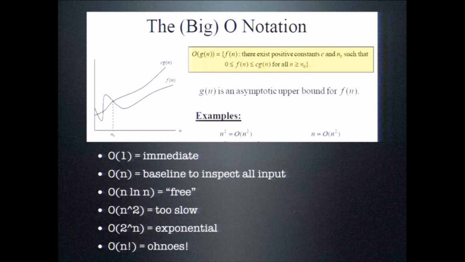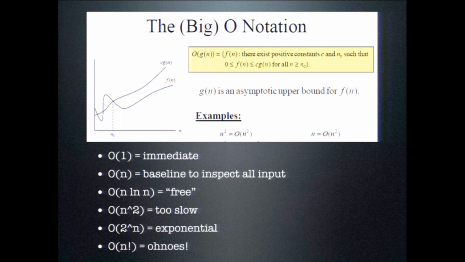But more usefully, let's look at some of the things that you will see. Big O notation is stated as a capital O followed by some function of n. Order of 1 means it just takes one operation, doesn't matter what else you have in there.